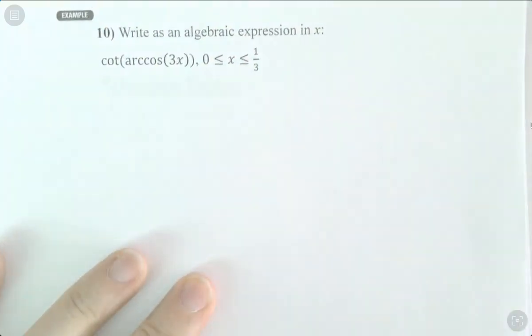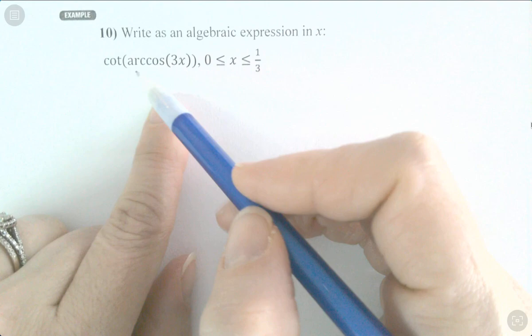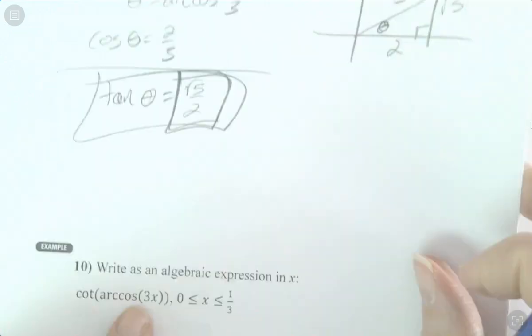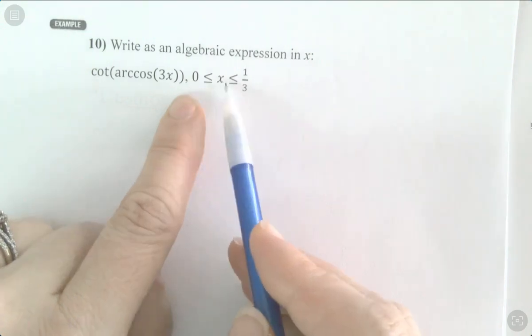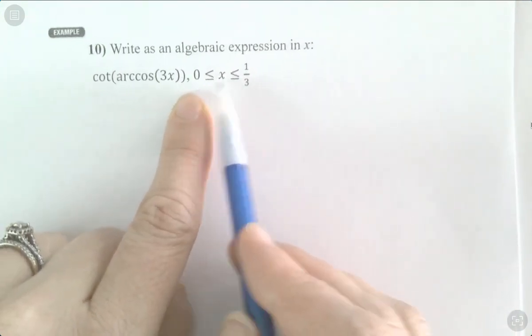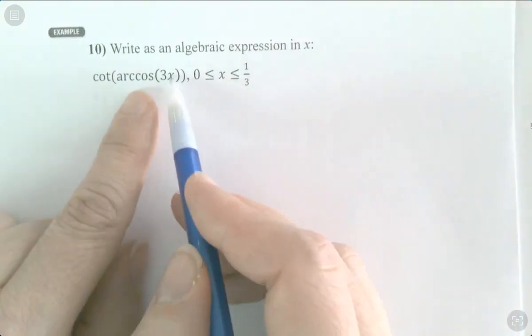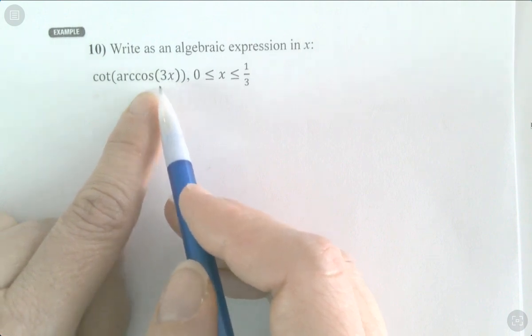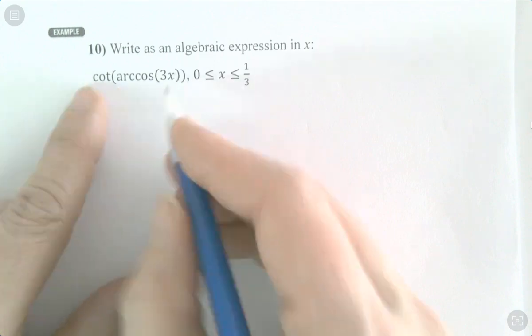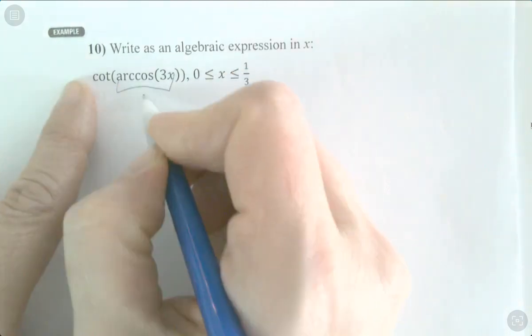Let's take a look at number 10. Similar thing, except this time we have this 3x, where here we just had a fraction of 2/3. Now don't worry about this restriction on x, where x has to be between 0 and 1/3. It just means that for arc cosine, you can't have a value that's bigger than 1 or smaller than negative 1. So let's do the same thing. We can let this inside bit equal theta.